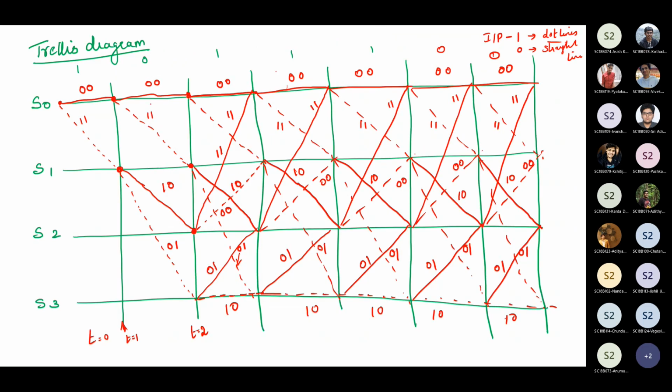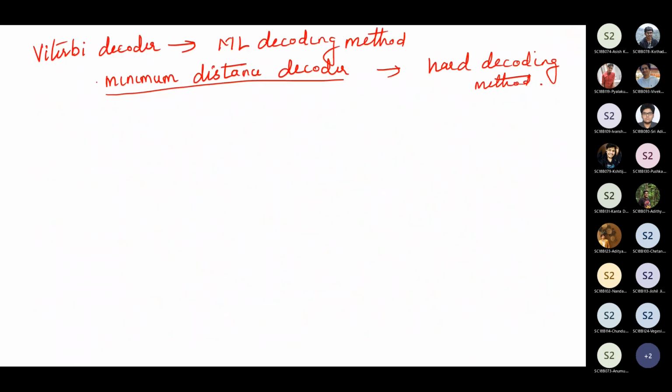See, for example, this is your transmitted bit. Let me draw it here. So what is your transmitted? First one is 1 1.